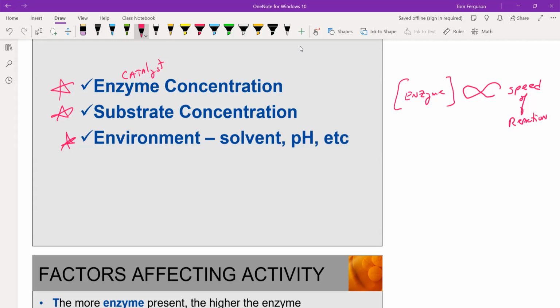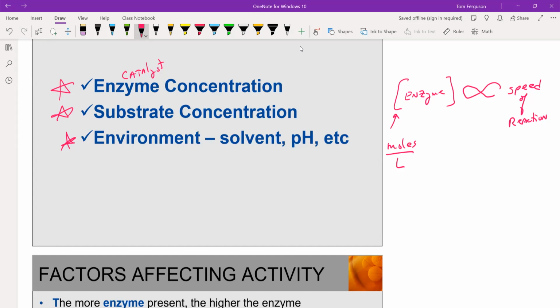Did you guys study the square brackets in 305? I've never taught 305, so I'm not sure. Okay, square brackets means moles per liter.